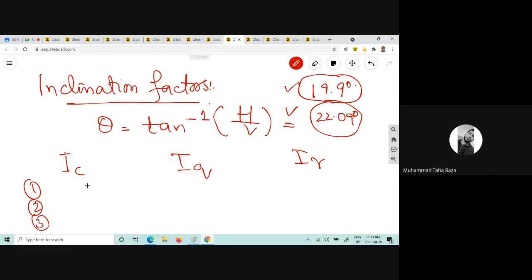Please. Ic is equal to 0.569. Okay. Iq is also the same, 0.569. And how about the I gamma?